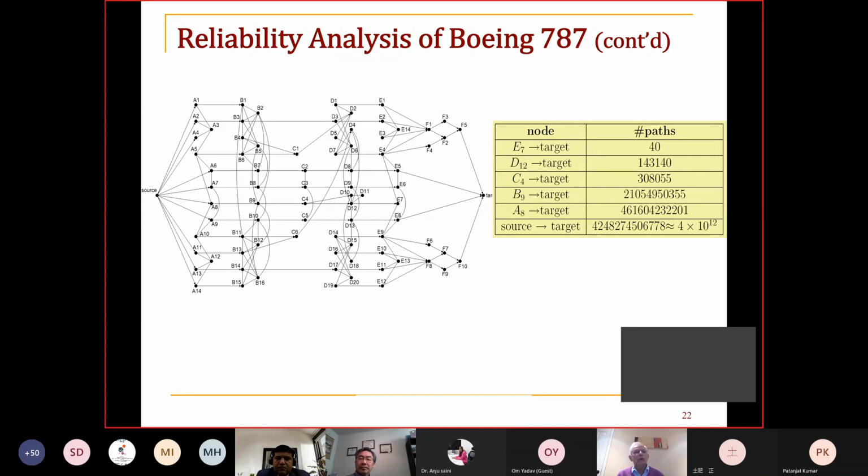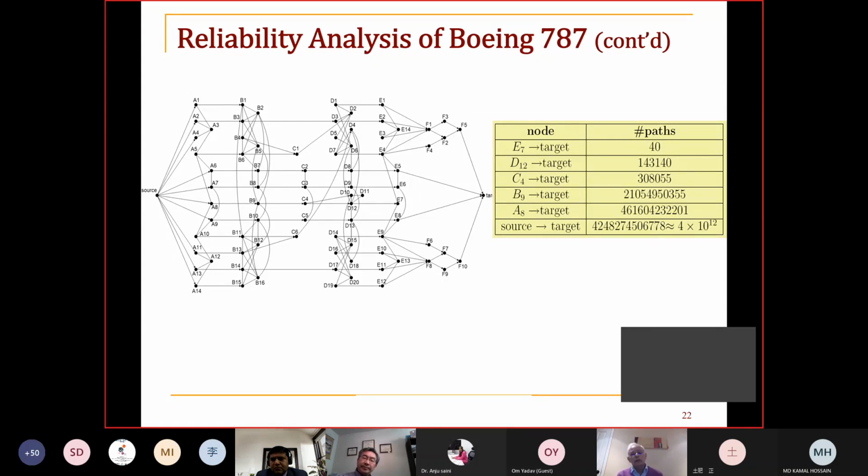Trillion is the number we often hear in terms of the budget deficit in the US. This is the number of min paths in this problem. So there is no way in the world any algorithm, any tool, anybody can generate these min paths and compute the probability of the union.